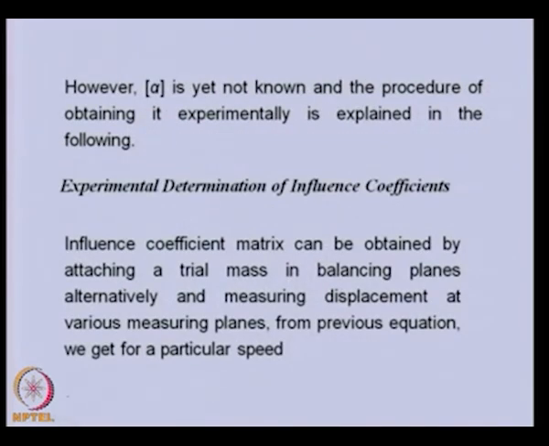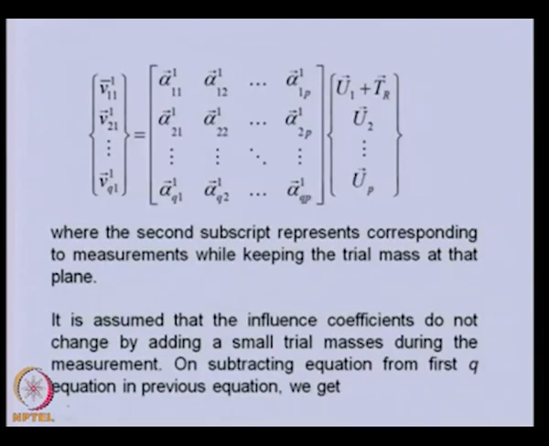So, we will be obtaining this influence coefficient using an experimental method, that means using the measurements only. So, this is the equation of the previous, there is a relation in which we related the response with the unbalanced force and the influence coefficient. Only difference here is we are keeping an additional trial mass in the plane 1.